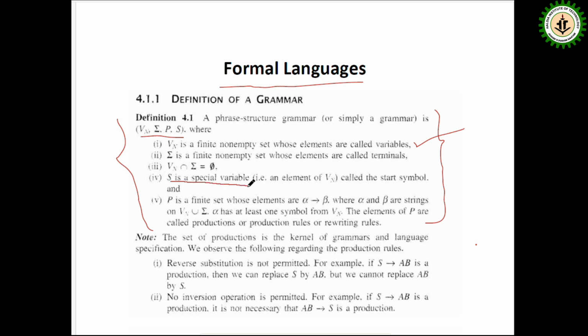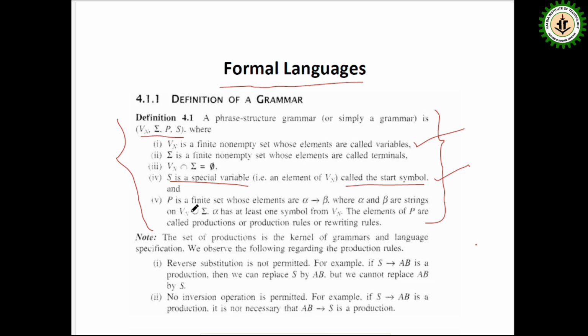What is S? S is a special variable, and here we can see S is also an uppercase letter, so that means it is a variable and it is a special variable because we start the production from S. So S is a special variable and it is also a variable actually, and it is called the start symbol.